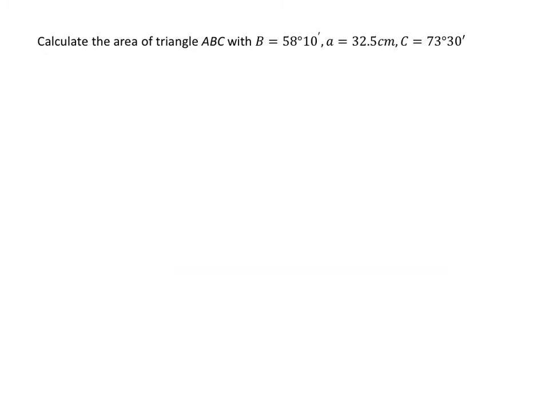When I take a look at the next triangle, something that I should notice is that I have 2 angles and only one side. So I will have to actually do some additional work before I can use that area formula. So I'll draw my triangle.